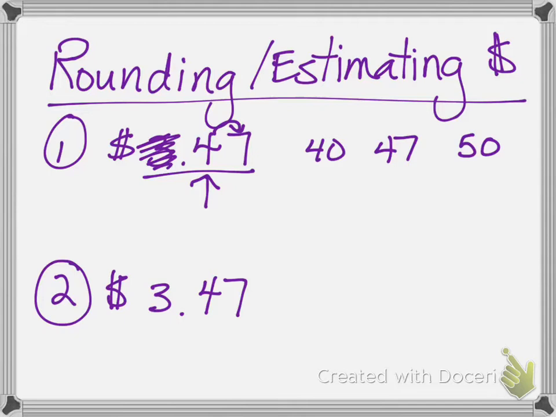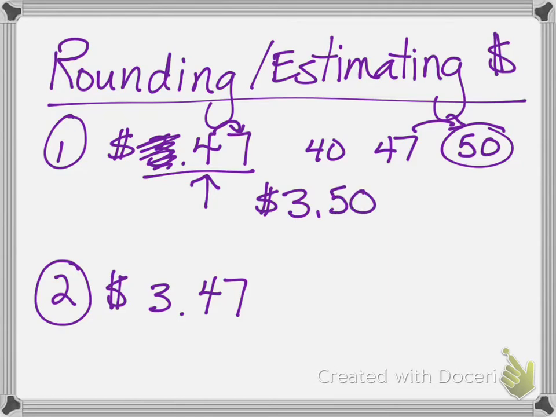The 7 is 5 or higher. We are going to round up to the 50. So what is this money amount rounded to the nearest tenths or dimes? We keep the $3. That doesn't disappear. We were just ignoring it for a minute. And now we're going to say that 47 is close to 50.